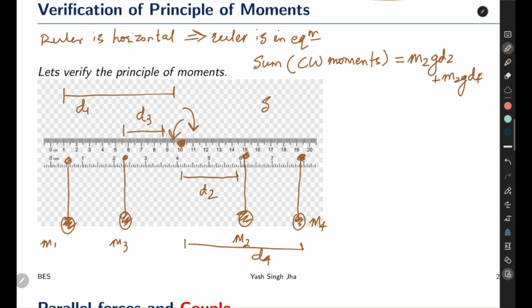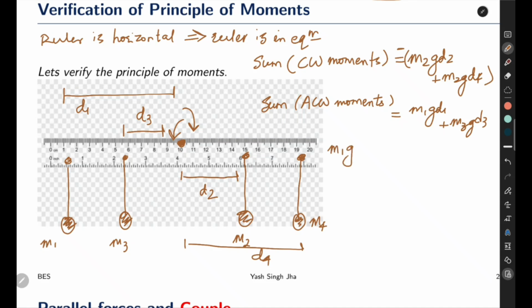And the anti-clockwise moments are m1g d1 and m3g d3. Since they are in equilibrium, the sum of all moments should be 0. Clockwise moments, the sign is negative.